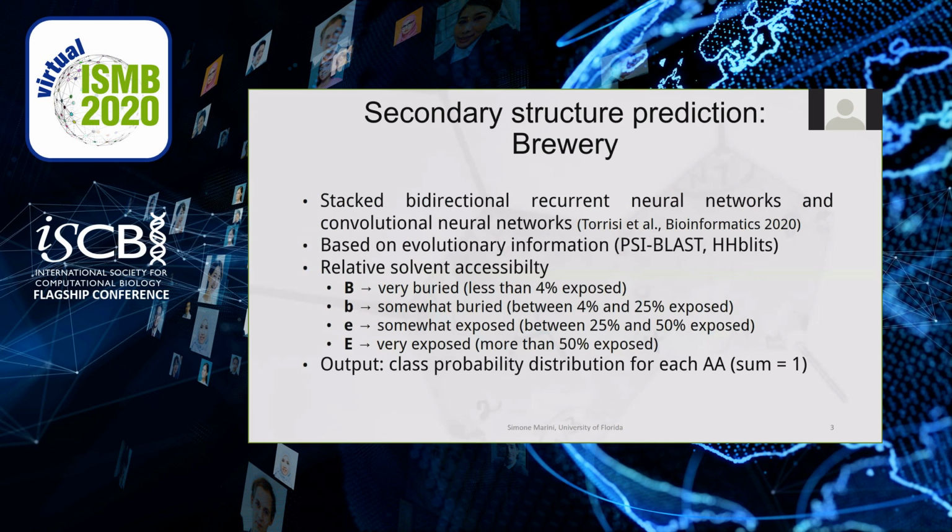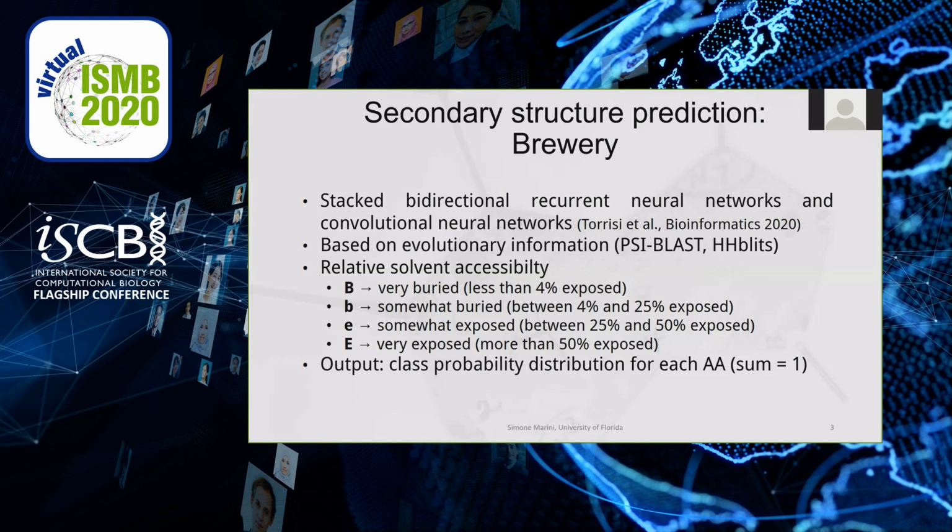We do not know the secondary structure of all the proteins, but we can predict it. And here we used Brewery, which is a very recent deep learning method to predict secondary structure. And we focused on relative solvent accessibility, which is the level of exposure of an amino acid to its surrounding molecular environment.